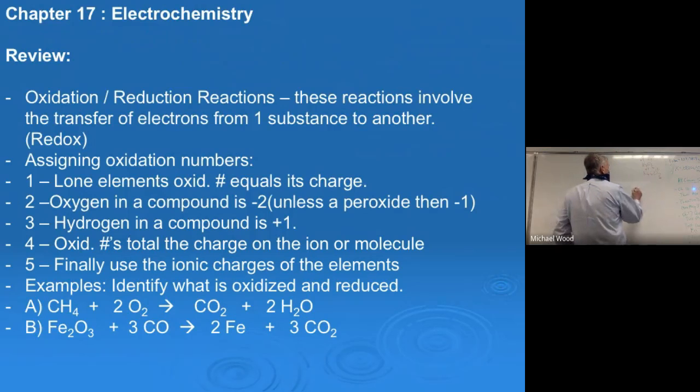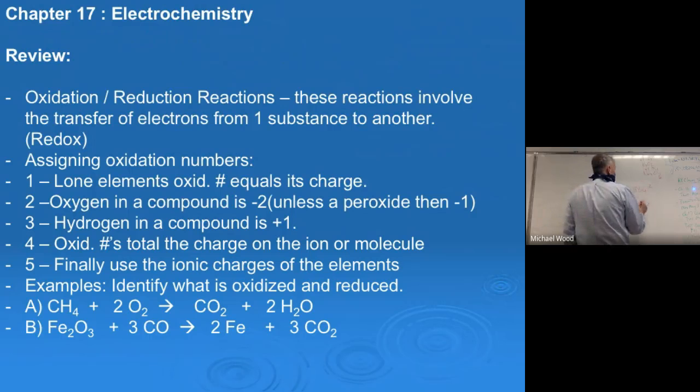Let's say we're going to assign the oxidation numbers. Now this is review from way back in September, for oxygen and sulfur in sulfate ion. Well, oxygen is -2. Again, rule number 2, in a compound or an ion, oxygen is -2 unless it's a peroxide.